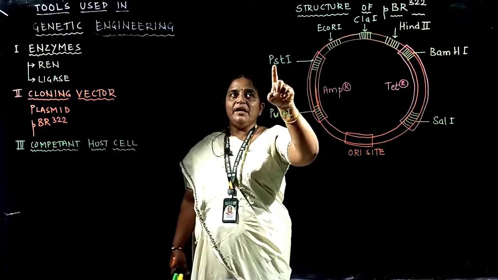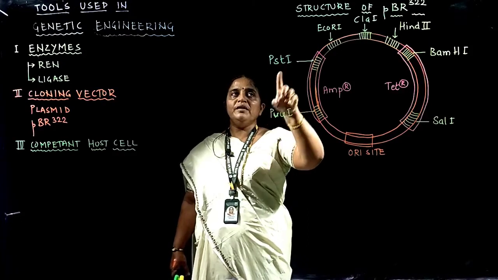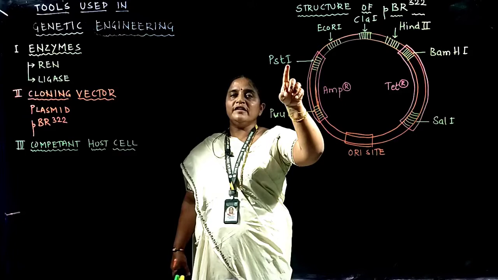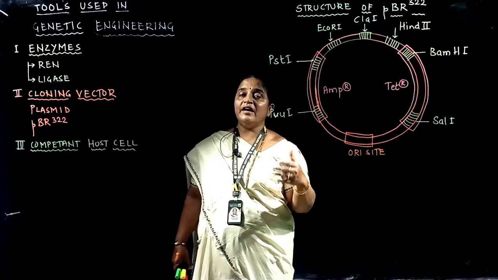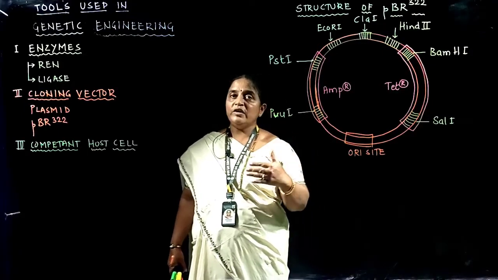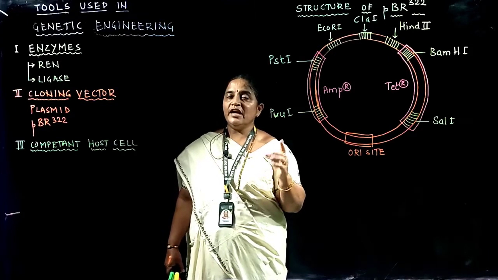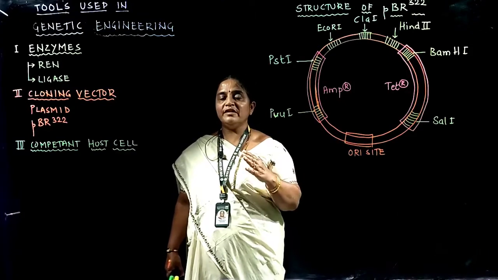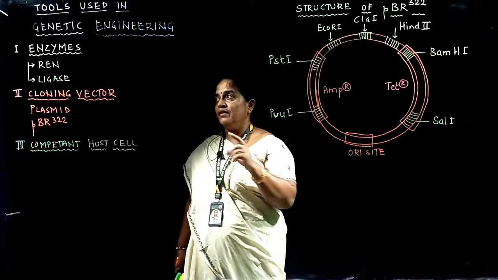Like that, PstI is from Providencia stuartii, the name of the microbe, and product 1 is isolated, recognizing this palindrome. Thus, several RENs have been isolated from microbes and are widely used in genetic engineering either to isolate the gene of interest or to insert the gene of interest on a suitable vector.